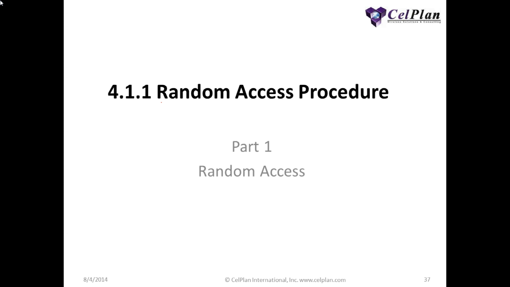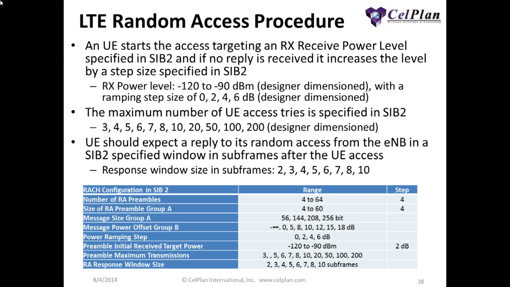Okay, once we understand how the random access area was designed and what criteria were used, let's look at the random access procedure. Well, the UE, as I already said, has to first read SIB2.